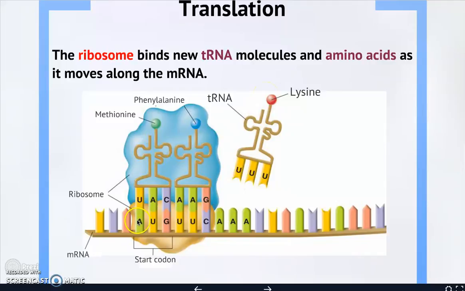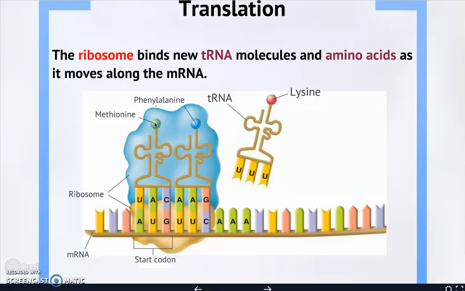So if you see here, we have A going with U, A with U, G with C. Our start codon is AUG, which is methionine, and the anticodon helps find this because A and U are attracted to each other, and G and C are attracted to each other. And it's bringing over methionine, which is our start codon.